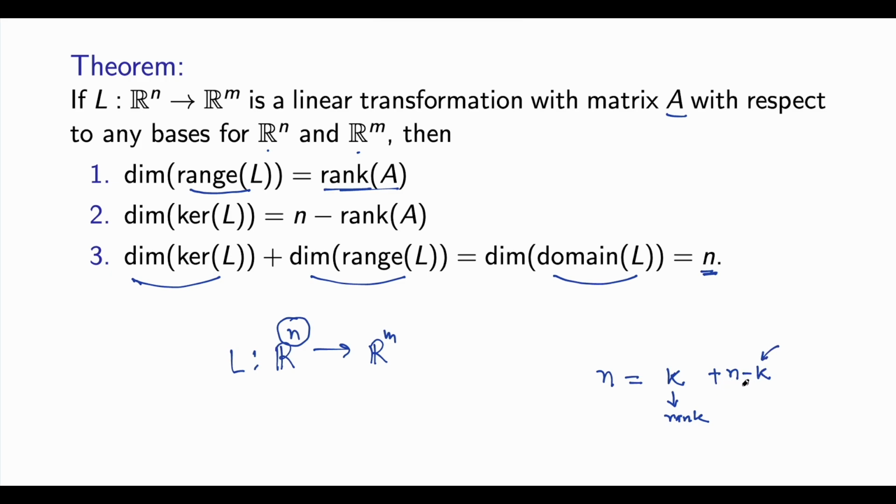Rank was subtracted from n. So this equation is satisfying n, right? So rank and nullity: rank plus nullity equal to the dimension of the vector space, and that is known as the dimension theorem.